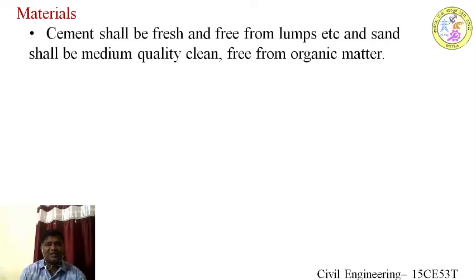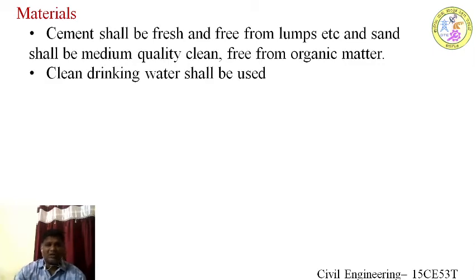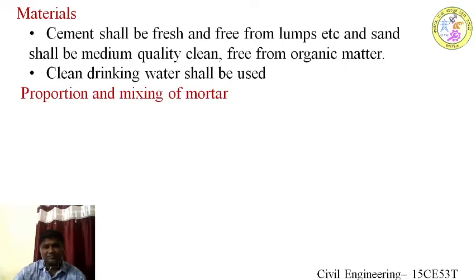Sand should be clean and free from any kind of impurities and organic matter, and sieved sand should be used for the pointing. For inducing the hydration reaction and to create bonding between these particles, water will be added to the required consistency.